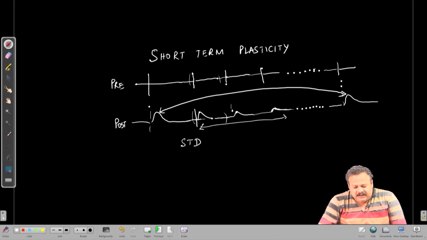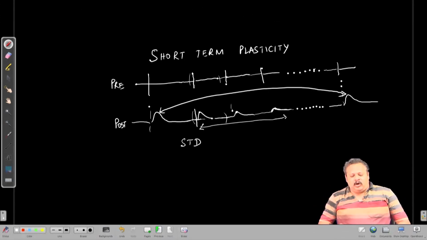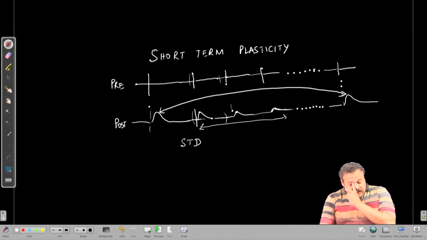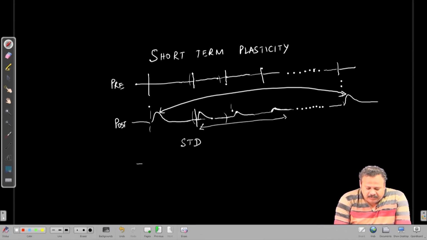So, it is not necessary that it will happen all the time, but in general many synapses can show short term depression, where subsequent spikes produce a smaller sized EPSP, and there is a weakening of the synaptic strength. And obviously, this is also dependent on the gap between the spikes on the presynaptic side.